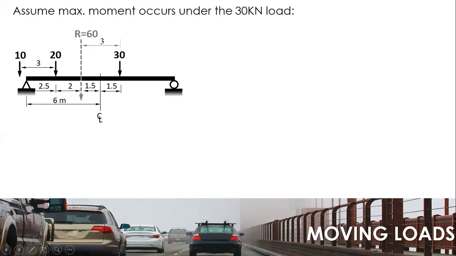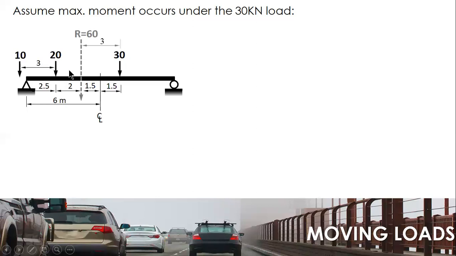Even if you replace this with 50 and not 60, it is still wrong, because the location of the resultant, which is 3 meters from 30, or 2 meters from 20, or 5 meters from 10, is based on the computation using Varignon's theorem, assuming that the three loads are on the span. But in this case, the 10 is not on the span.